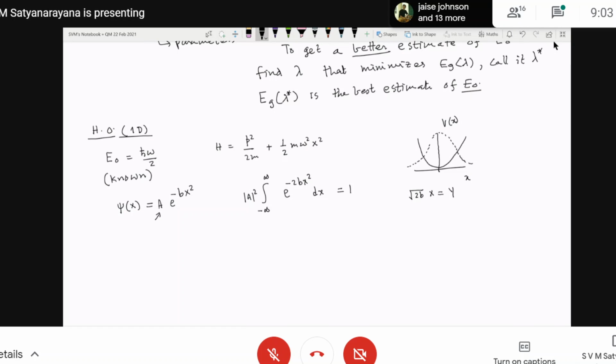Okay, so dx is equal to dy by root 2b. So I have mod A square by root 2b into integral minus infinity to infinity e to the minus y square dy is equal to 1, and this is actually root pi.